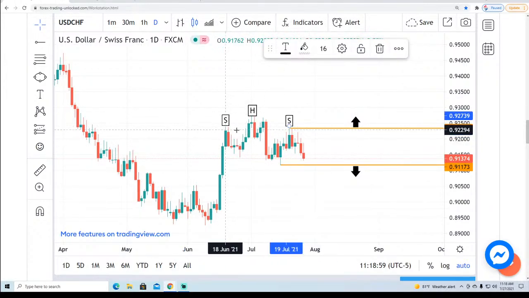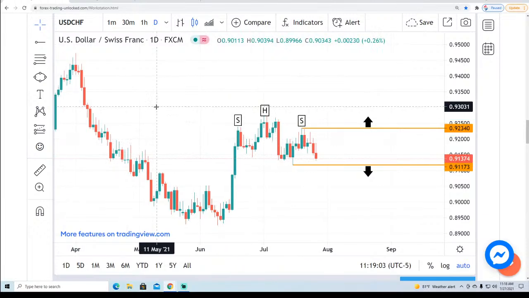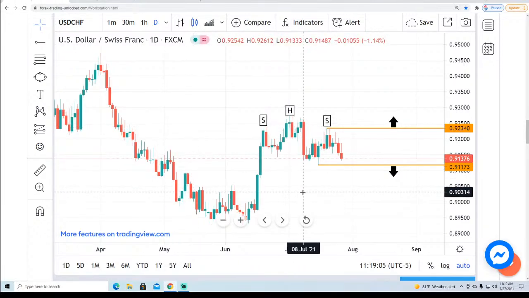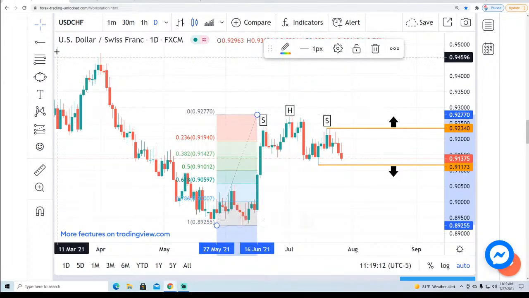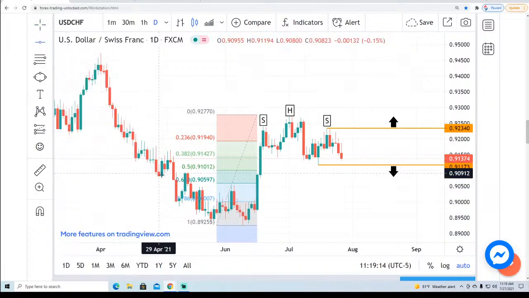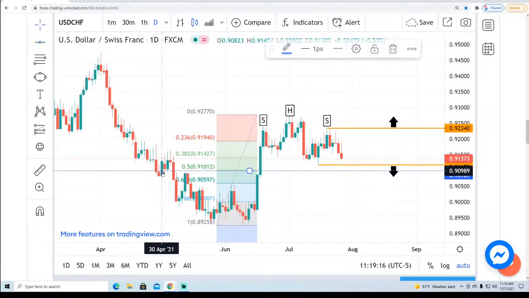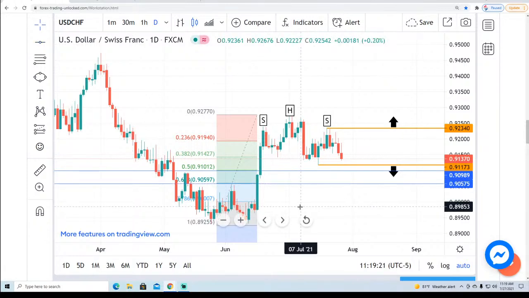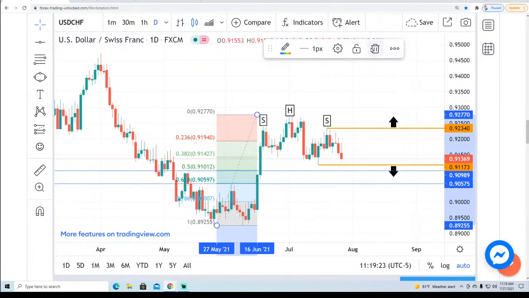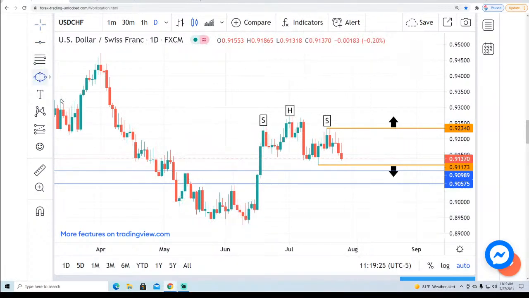If this is a head and shoulders pattern here, and this is really becoming a big bear again as far as the overall trend with the US dollar Swiss, then a failure from 91.17 will have this market most likely coming back down, at the very minimum to this area here, which is easy to make, let alone the 0.618. So this would be, on a minor level, our target area for where we want to see the Swiss come to.